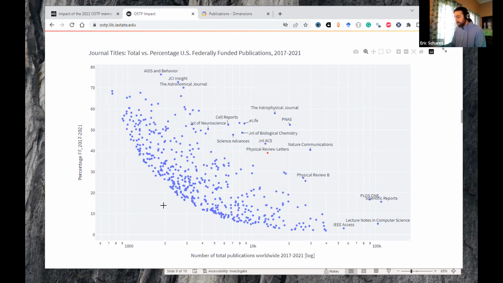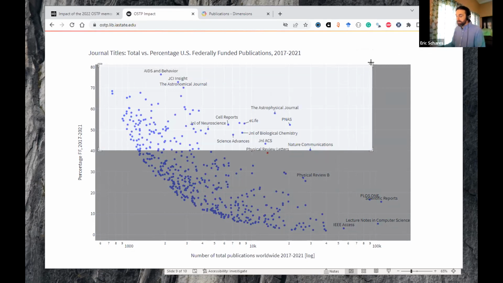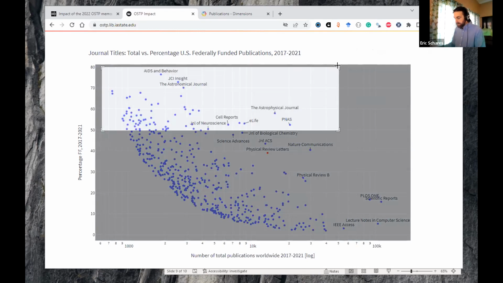More titles are present at the greater than 40% range, with 120 out of 500 at greater than 40%. And if we look at greater than 50%, I think this is 64 journals that have more than half of their material, again over these 5 years, with some form of US federal funding acknowledged.